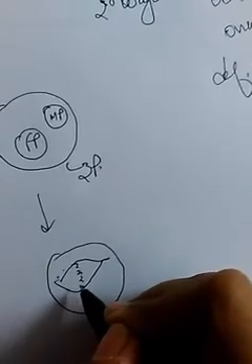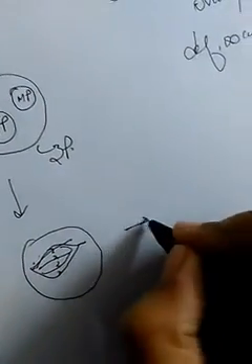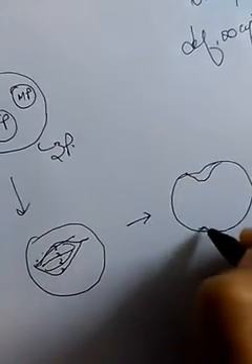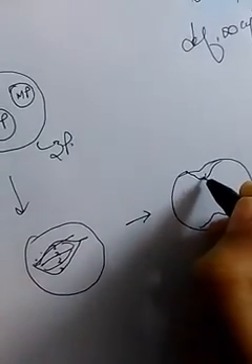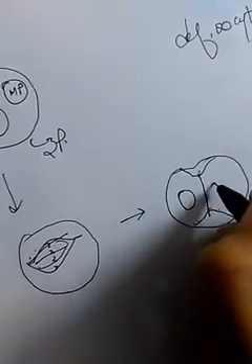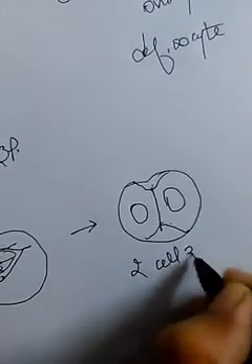Then they undergo replication so as to maintain the normal diploid number. And finally, through cytokinesis, the two-cell stage of the zygote forms. Two-cell stage.